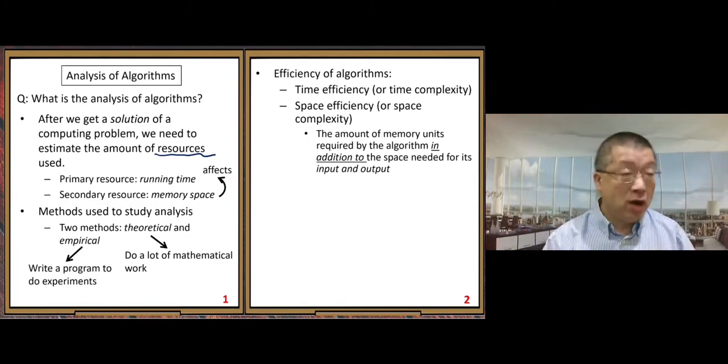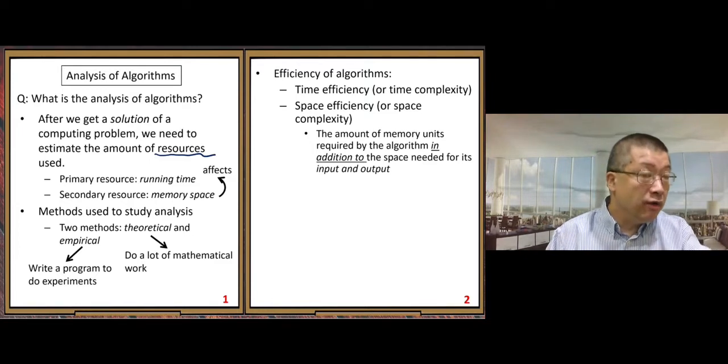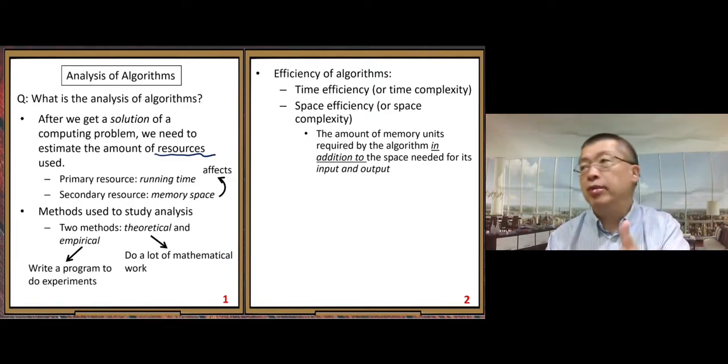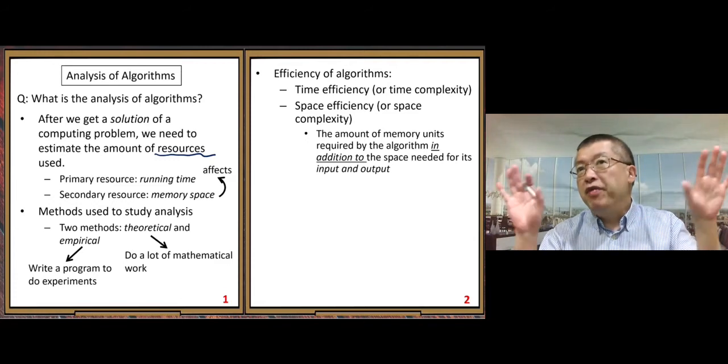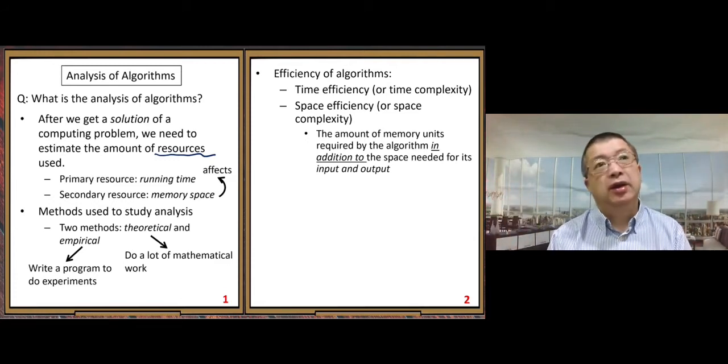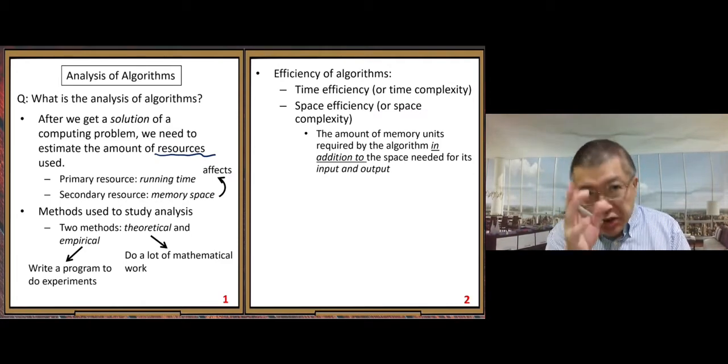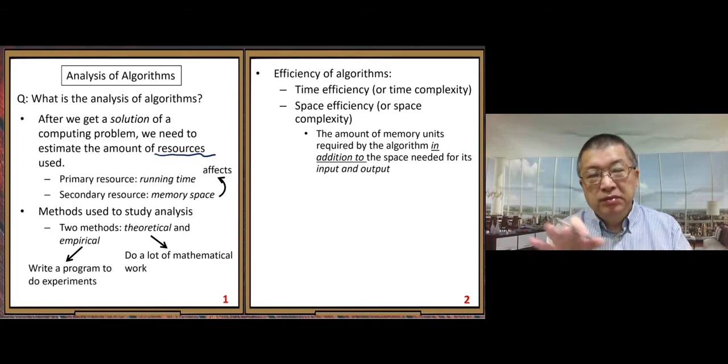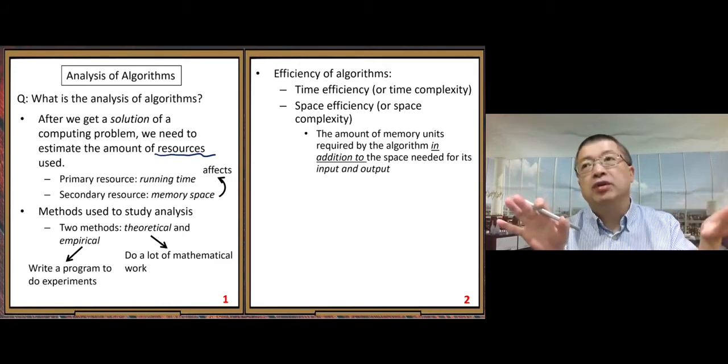For all the problems, you need memory space to store data for input and output. So for that common part, we do not need to look at it. We only look at the part in addition to the memory space for input and output.